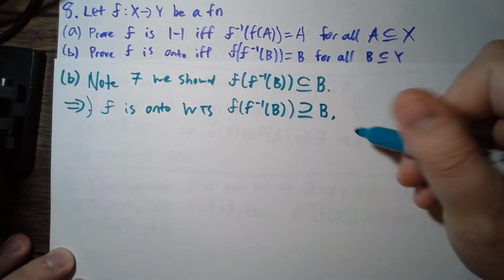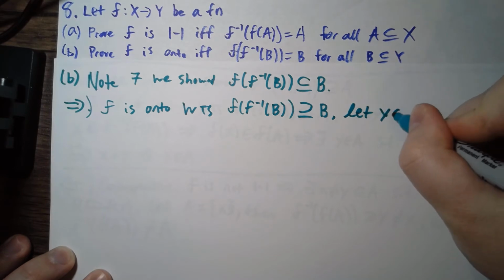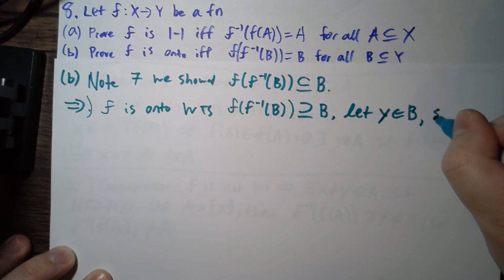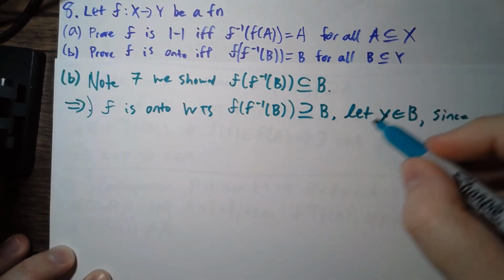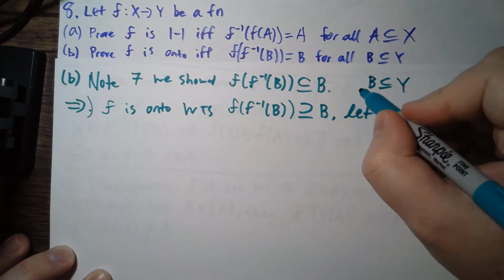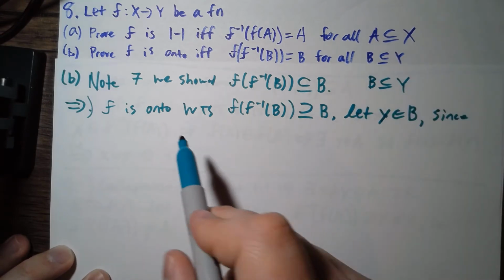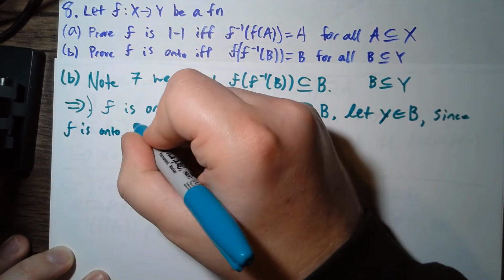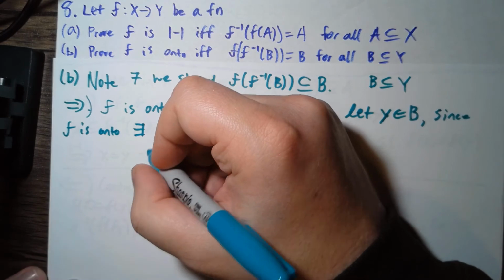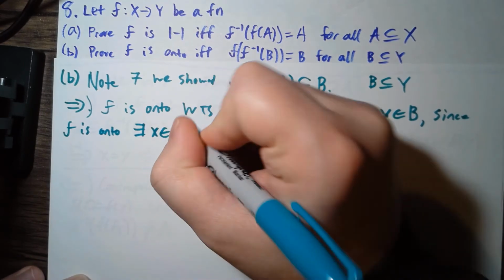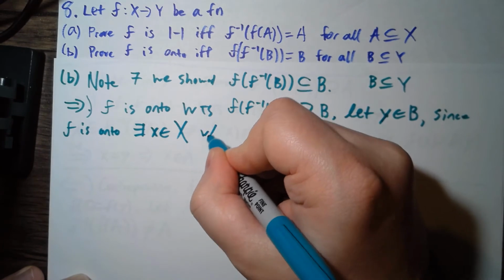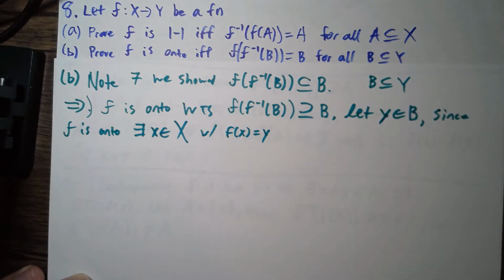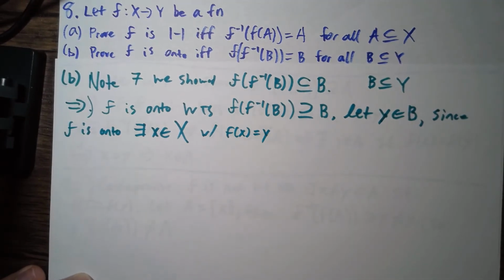What we can do is let y be an element of B, and note B is a subset of Y. Since f is onto, we know that there exists some x in the set X with f of x equal to y. That's just the definition of what it means to be onto.